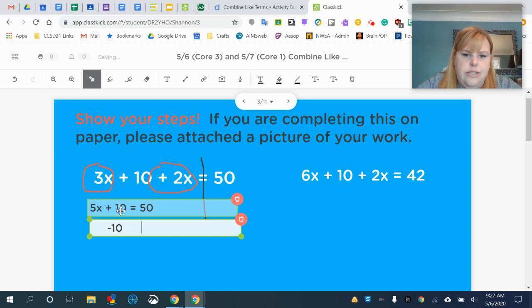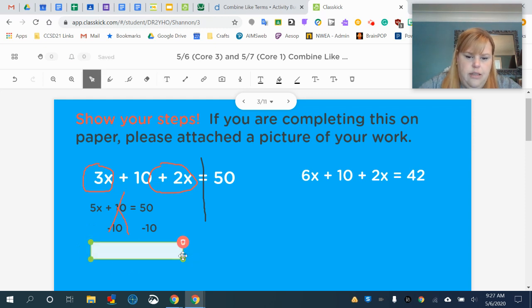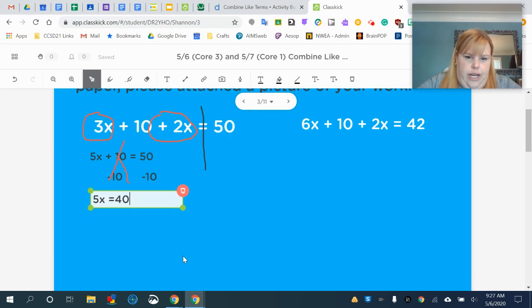Whatever I do to one side, I do to the other. Okay, and then you'll see that these cancel out, they equal 0. So now I am left with 5x equals, what is 50 minus 10? 40.